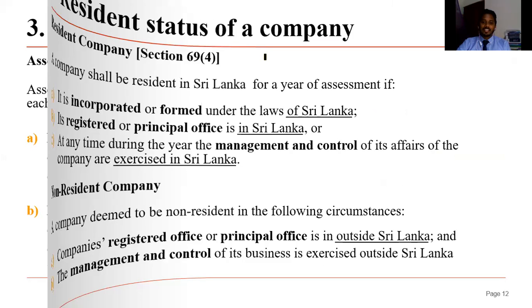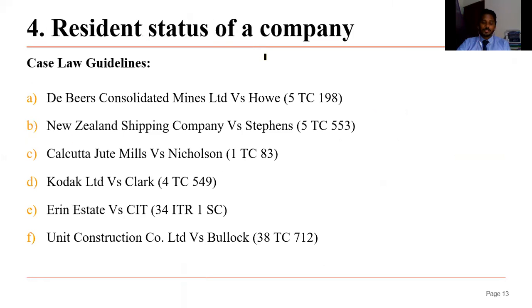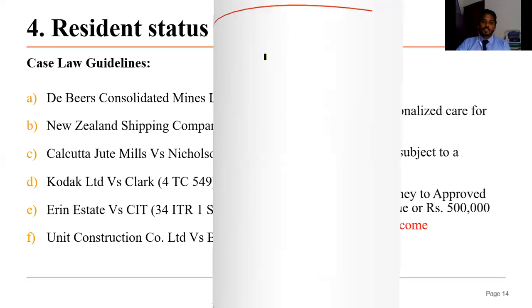And then relevant case laws, we will discuss in detail. We will share the summary of the case law as a practical example of how they have decided the residency of a company.